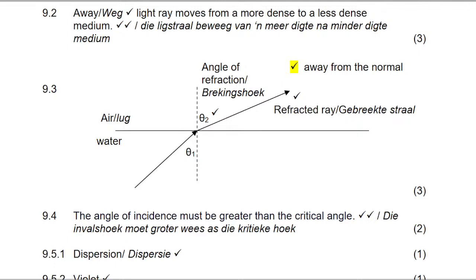So we are going to look closely at the direction of the refracted ray. If it is bending away from the normal, like in the memorandum, there will be that extra mark given on top of the marks that were supposed to be awarded for the angle of refraction and the refracted ray. It means this one will instead be 3 marks.